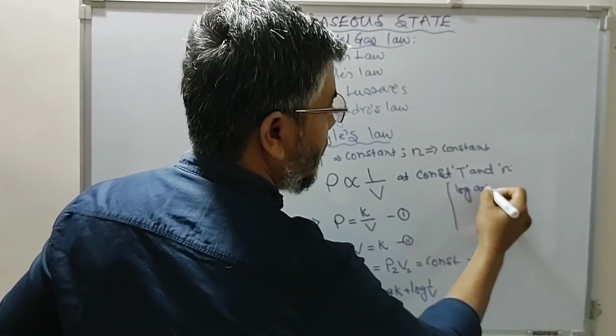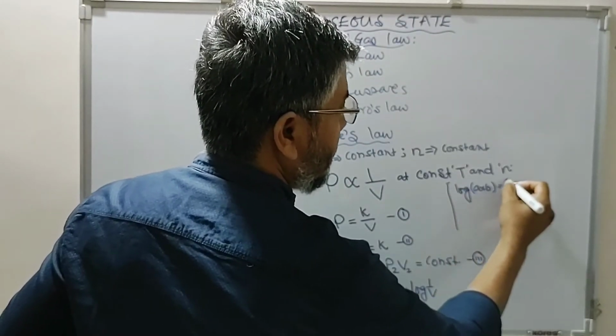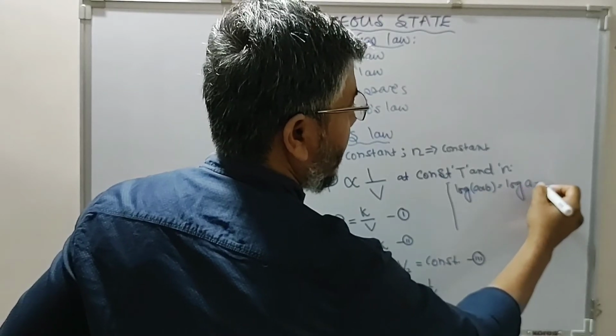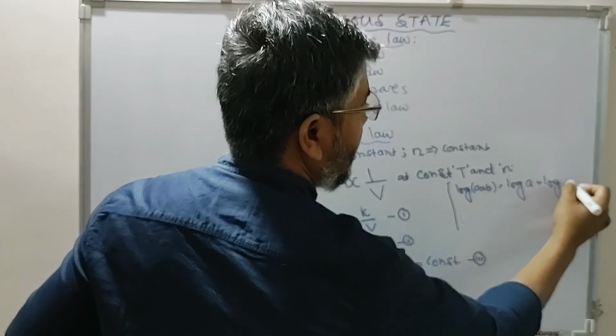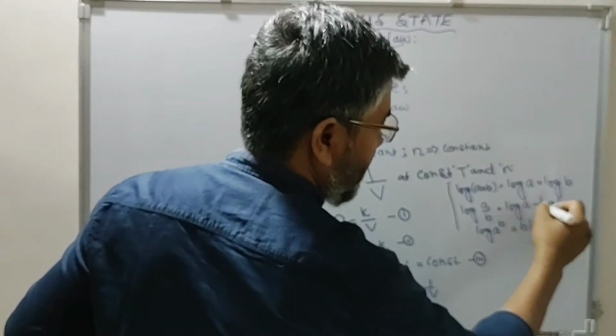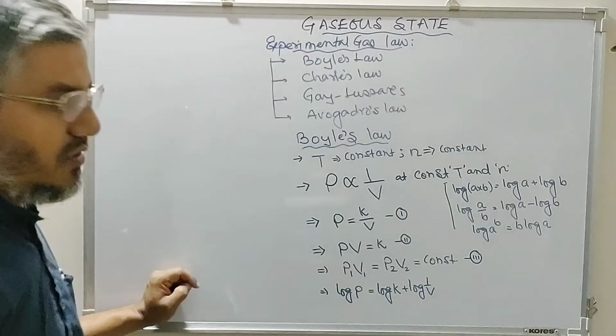Log A into B is equal to log A plus log B. Log A by B is equal to log A minus log B. Log A raised to the power B is equal to B times log A. These are some of the basics of log.